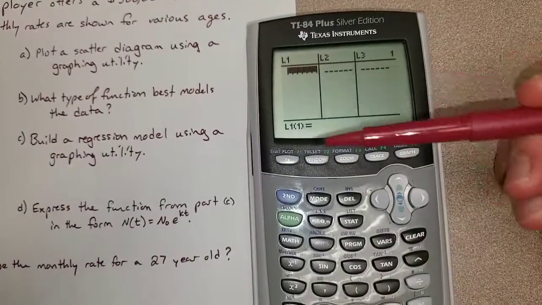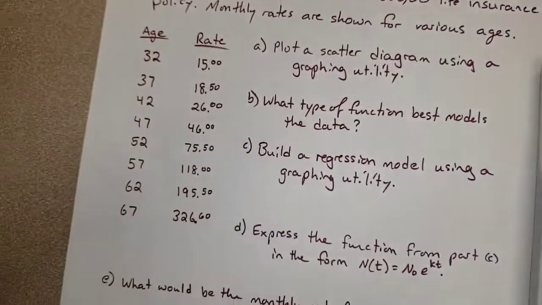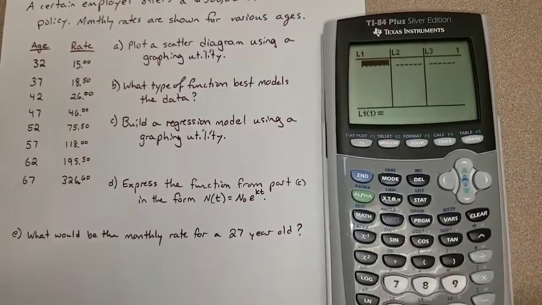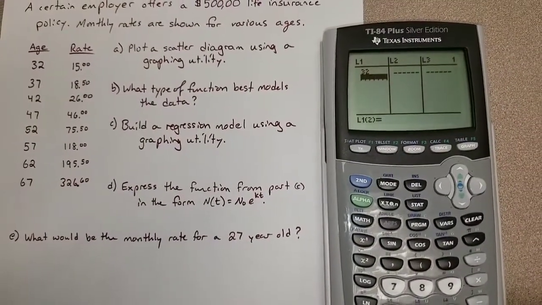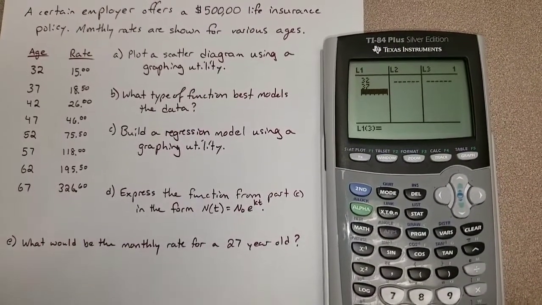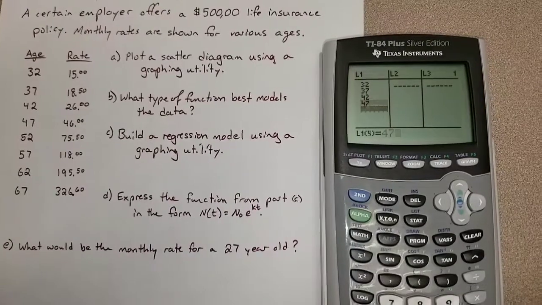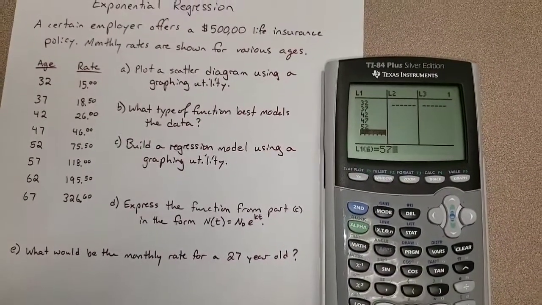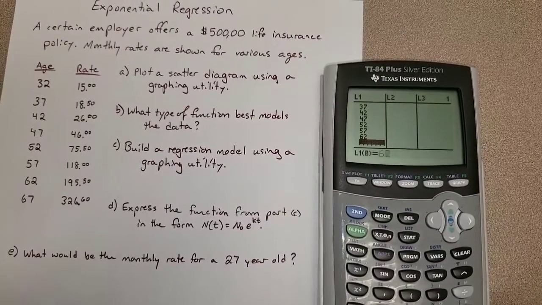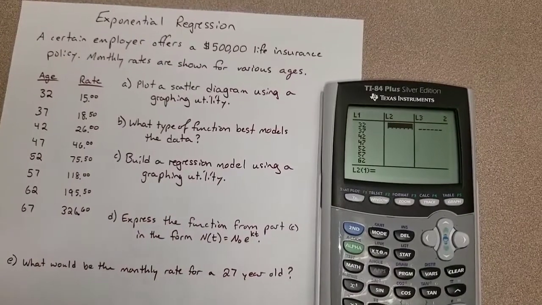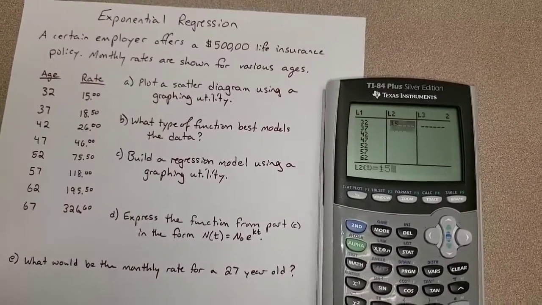Under list 1 and list 2, I want to type in all of that information. So 32, I'll just go down the list. List 1 is going to be the age, and it's exactly every 5 years. And then in list 2, we'll put the monthly rate, in dollars.